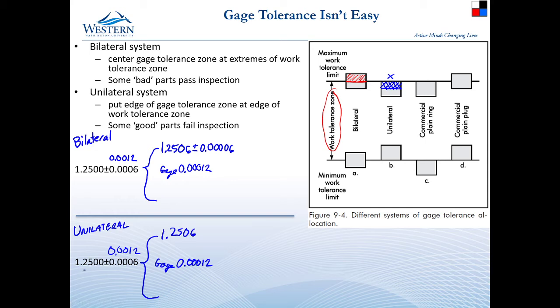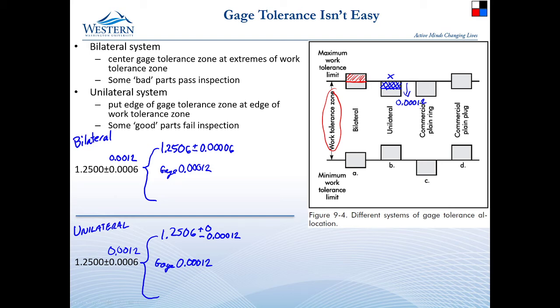That is this 1.250 plus the 0.006. So that's the top end of the tolerance zone. But I'm going to give them plus 0 minus 0.00012. So what I've done is say you can have the nominal, or you can come inside by 0.00012 inches. All right.